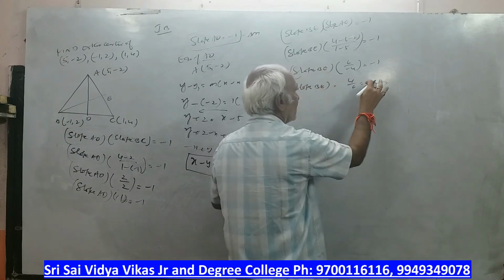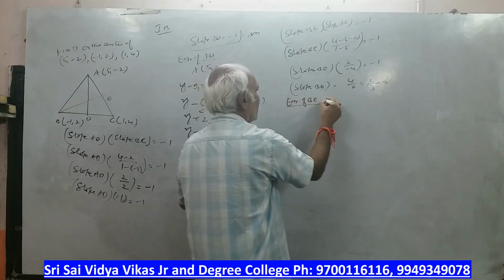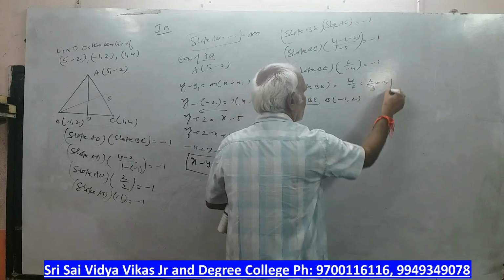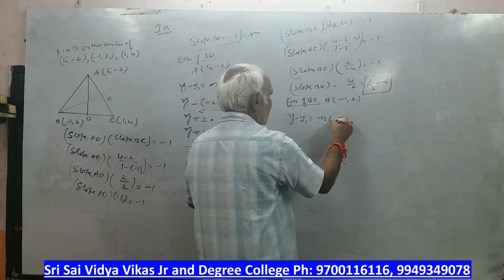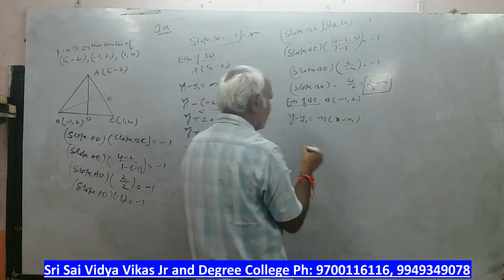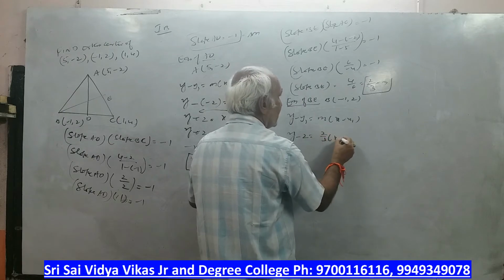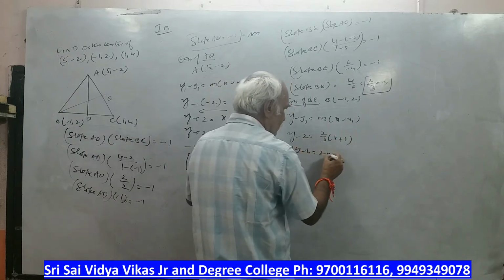Right? Now equation of BE. What are the B points, sir? Minus 1 comma 2, already we got M value. So y minus y1 is equal to m into x minus x1. y minus 2 is equal to m, which is 2 by 3, into x minus of minus, plus. 3y minus 6 is equal to 2x plus 2.